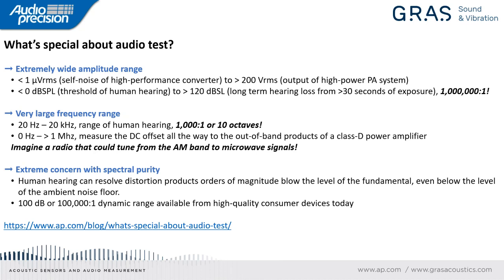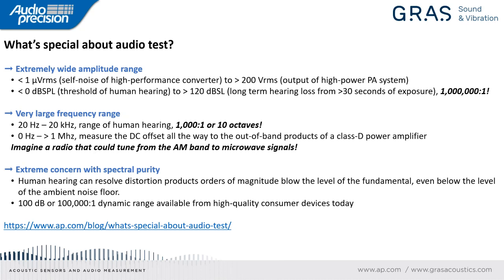If we're testing a Class D or a switching power amplifier, we might want to see everything from the DC offset of that device to the out-of-band components of its noise shaping system. So that practically gives us a limit that's as far up as you can imagine, but typically we see from DC into the low megahertz.